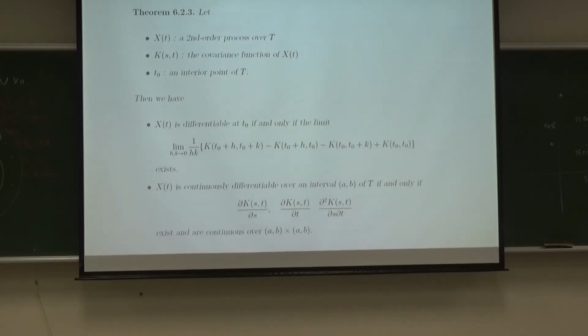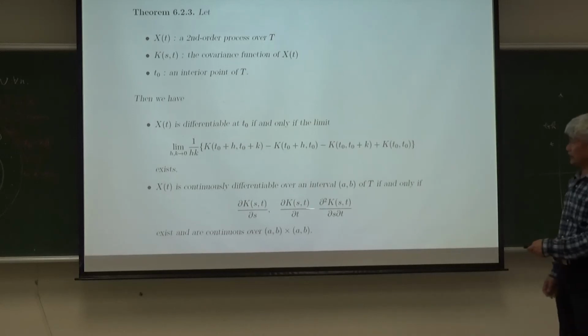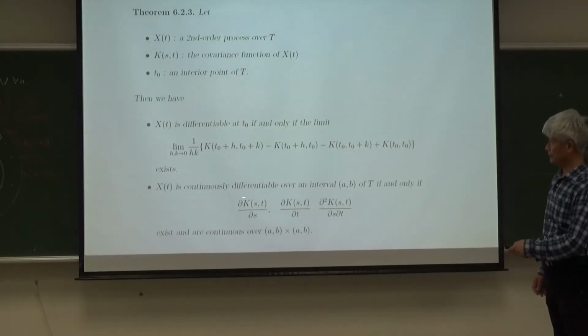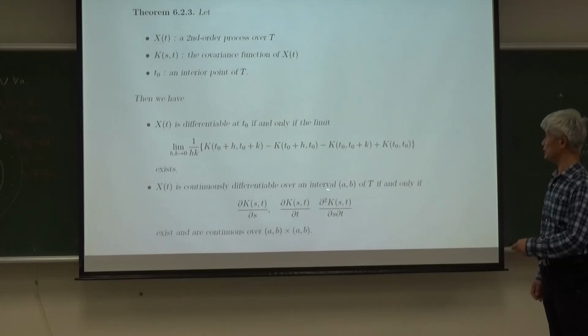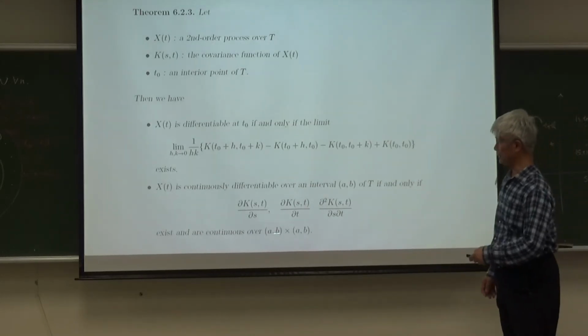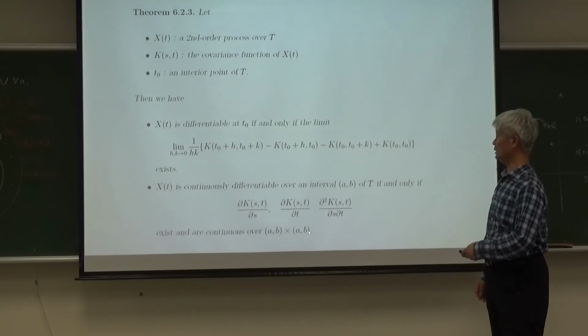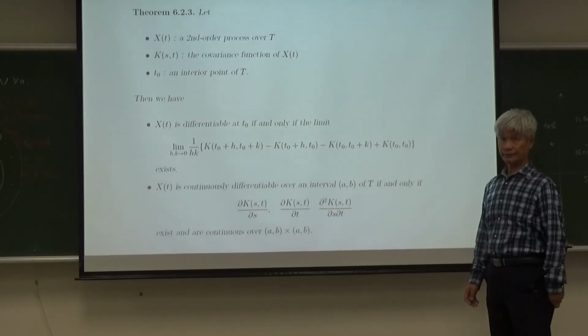So nice property about the covariance function here, right? The covariance function has partial derivative and has mixed type double partial derivative that exists and is continuous over the square. This nice property implies that x of t is continuously differentiable.